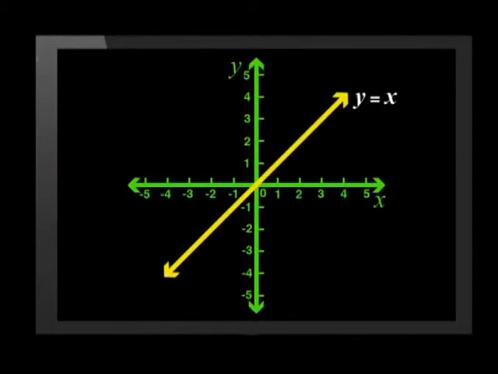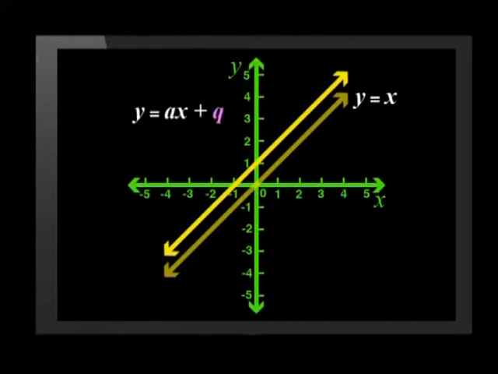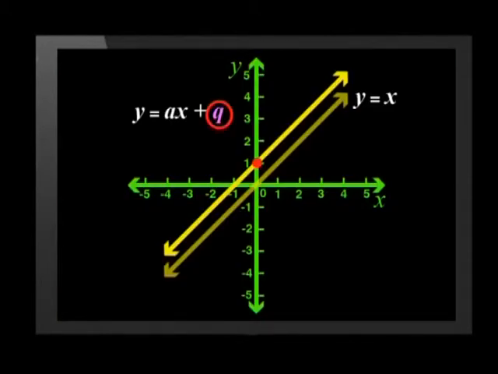If I shift the graph up 1 unit like this, what do you think the formula of this new graph will be? Well, it's still a straight line, so the formula must be y equals a times x plus q. So we need to find the gradient and the y-intercept. Okay, and what do you think they are going to be? The y-intercept is easy. It's 1. Right.